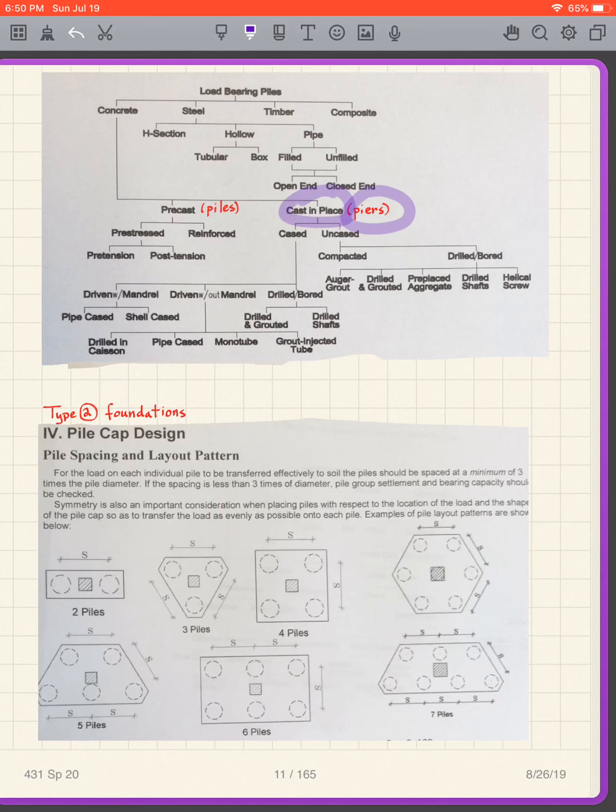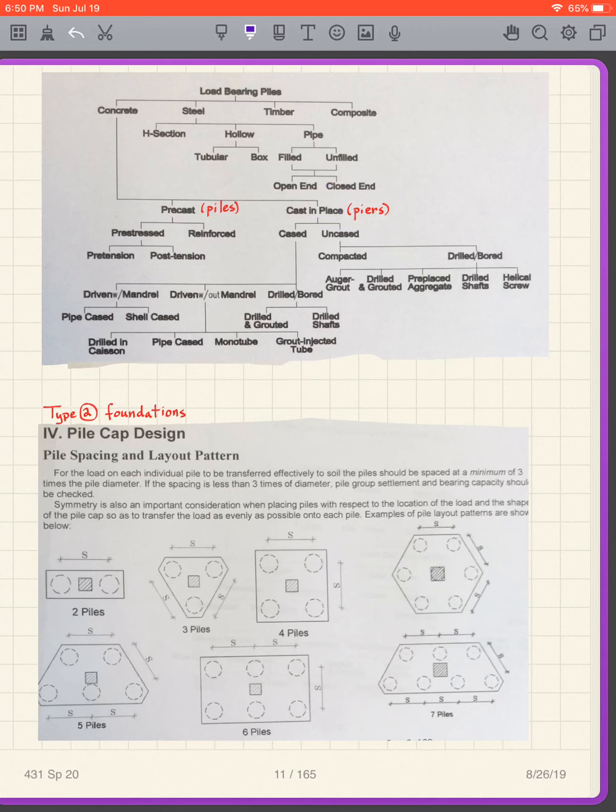Again, for our purposes, we are simply going to say that piles and piers behave similarly. When you get into more details, they can behave a little bit differently, but for our analysis, we are going to take them as being very similar.